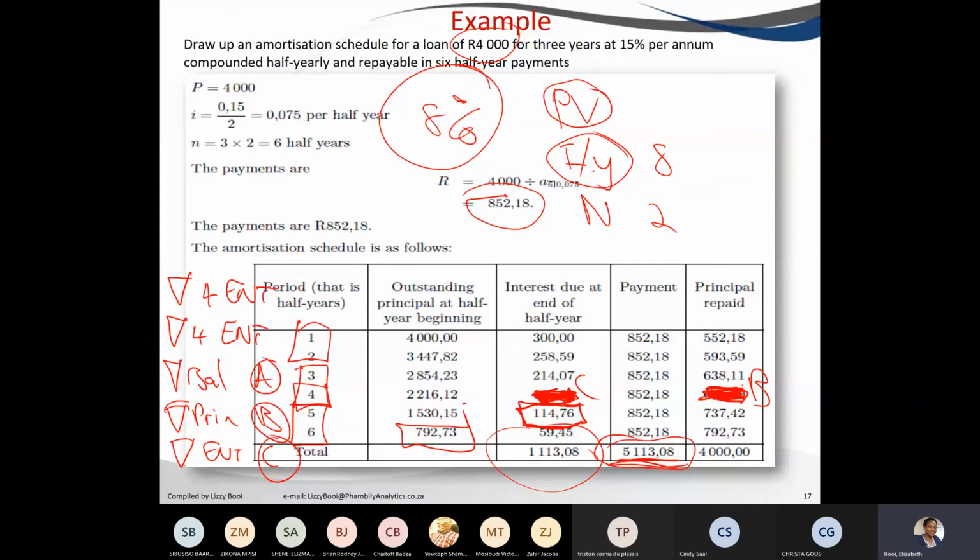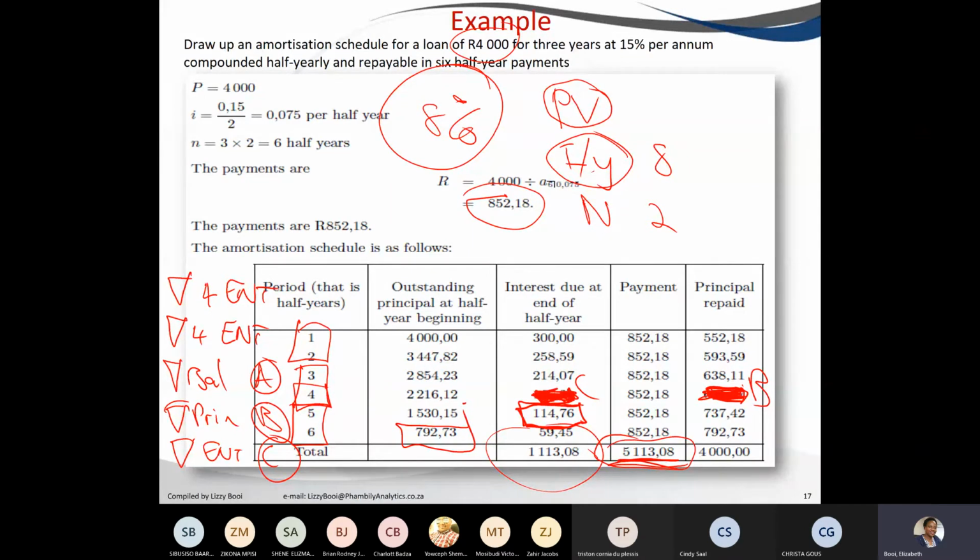And usually for amortization, there are 5 questions in your exam, or 4 questions. Question number 1 will be calculate the payment. Question number 2 will be amortize the payment. Question number 3 will be calculate the outstanding balance or the principal at this point.